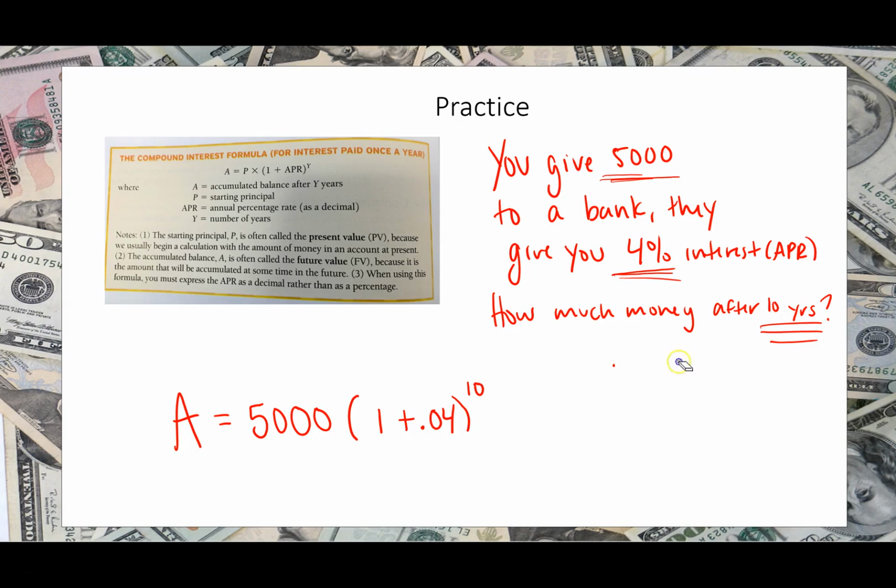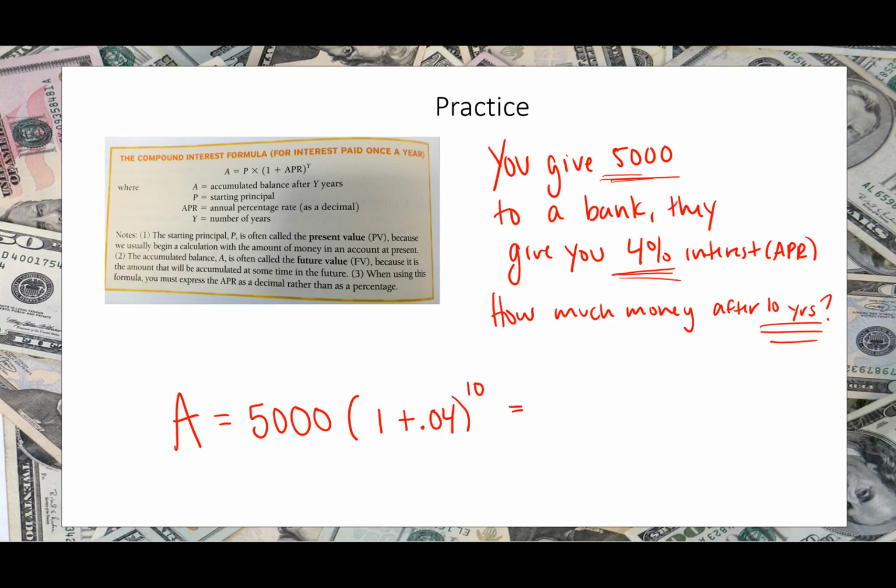So please pick up your calculator right now, and you're just going to put this in exactly as is. If you're confused about how to do this, you're going to use that caret button to bring your values up, meaning get that exponent. So tell me what you get.